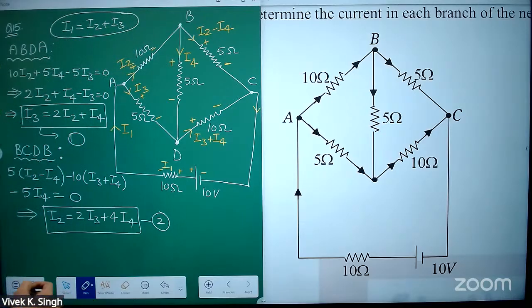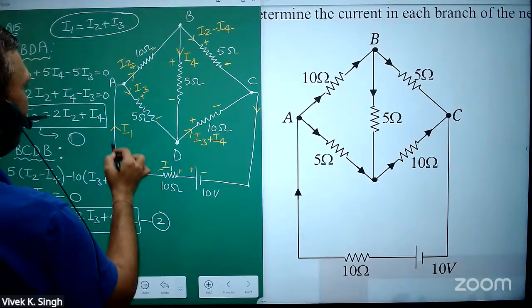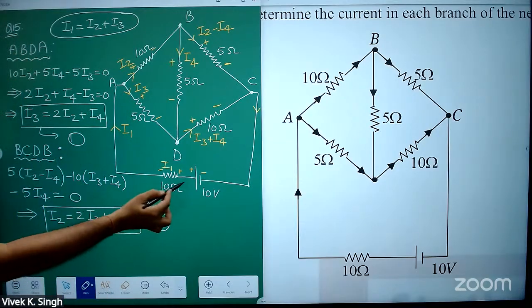Now I will take another loop, let's consider A, B, C, E, A. So you will get this.